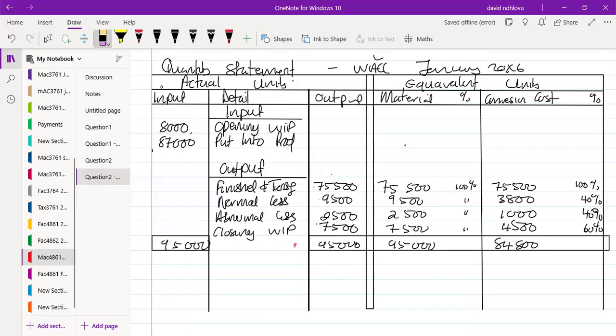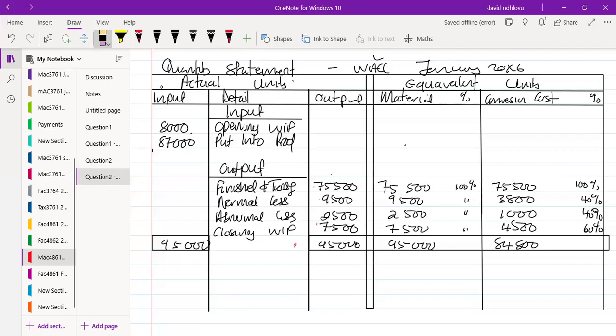Yes, the remaining ones, remember they've already incurred the loss here. So when we start next year with 7.5 units as opening inventory, we are not going to calculate normal loss on these units because they would have already been accounted for normal loss in the current year. Okay, clear?